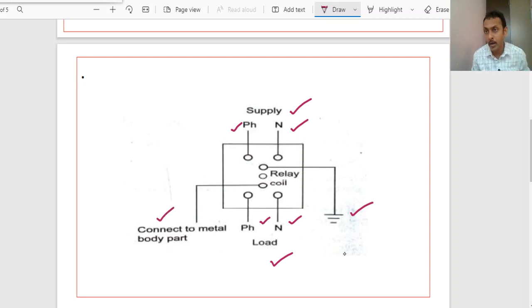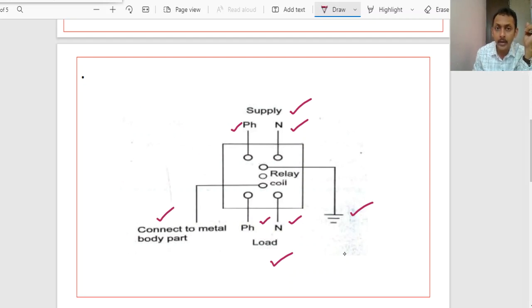That metal body part can be the body of a refrigerator, motor, AC or air conditioner, oven, fan, or whatever the equipment might be. Its metal body will be connected to the other end of the relay coil.